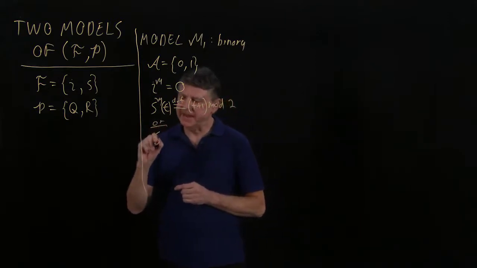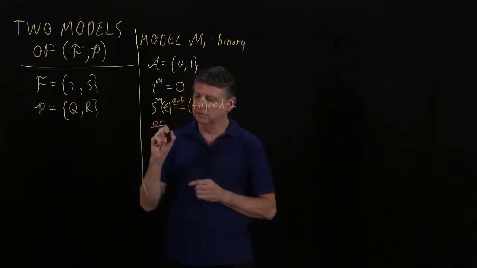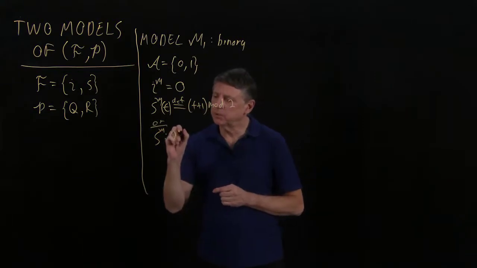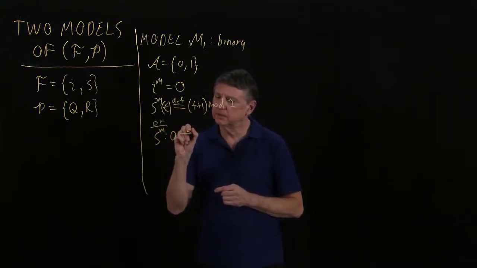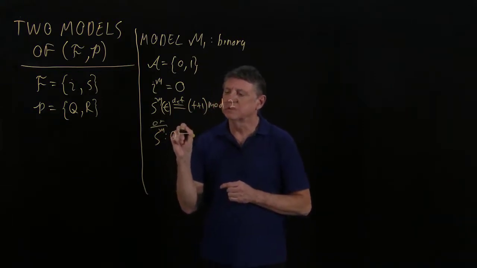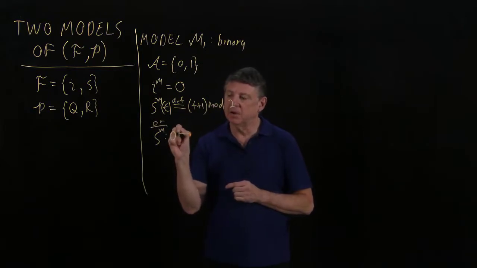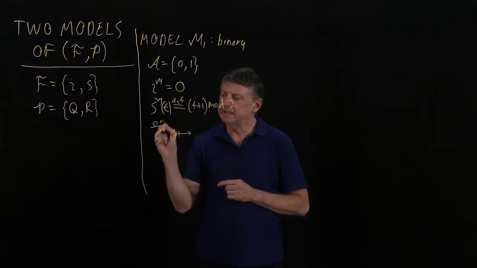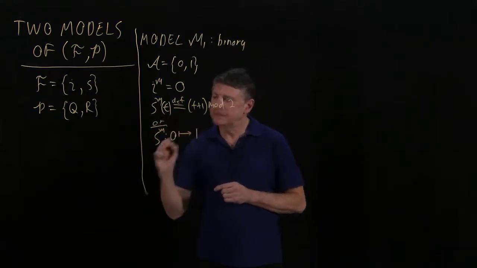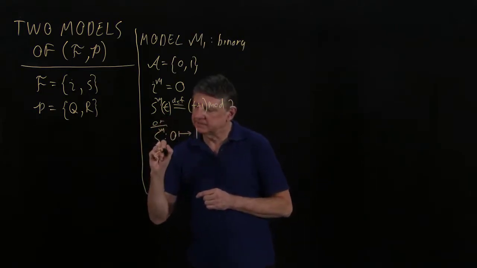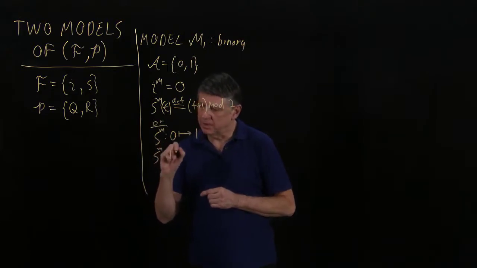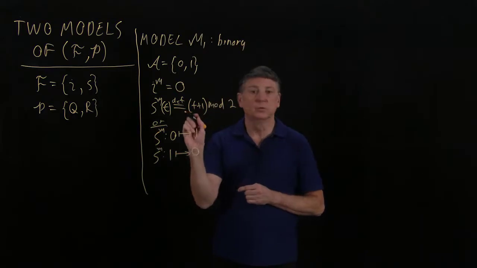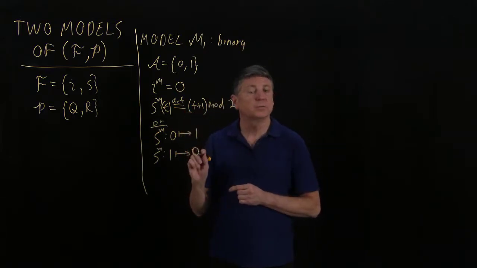We could say that S in this model takes a 0, and then in mathematics, when we put a bar on the right, a bar on the arrow, we're saying it takes this object and maps it to this object. We could say S maps 0 to 1, and S maps 1 to 0. That is, we can either provide a rule for the function, or we can provide an enumeration.